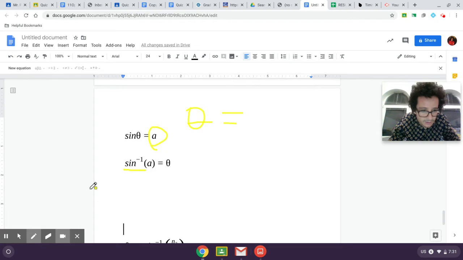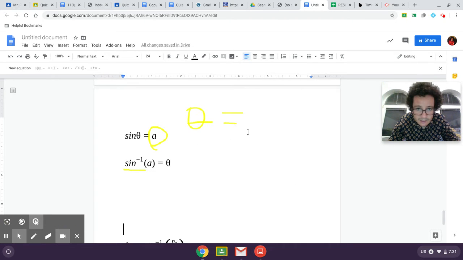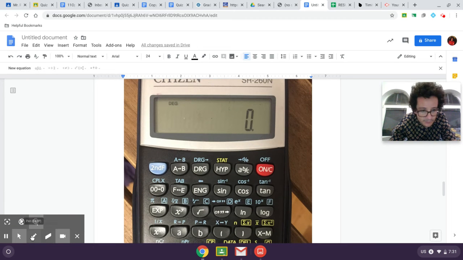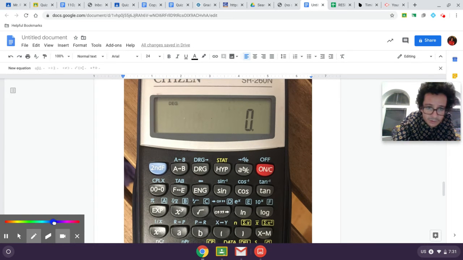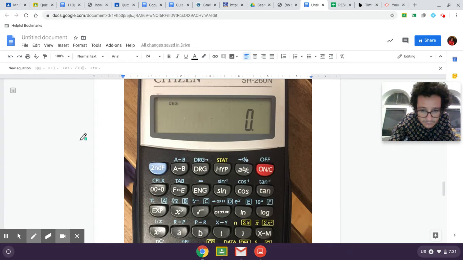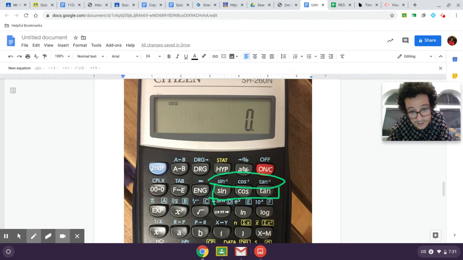So in your calculators, let me show you a picture of a calculator here. First, please be sure that you're always working in degrees, okay? Not in radians. So in this calculator, for example, here we have the trigonometric functions, sinus, cosine, and tangent. And if you see up here, we have the reverse functions, sinus to the minus 1, cosinus to the minus 1, tangent to the minus 1.